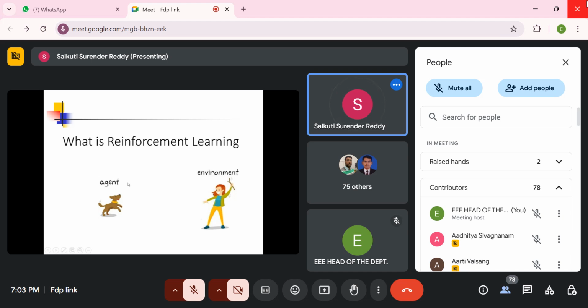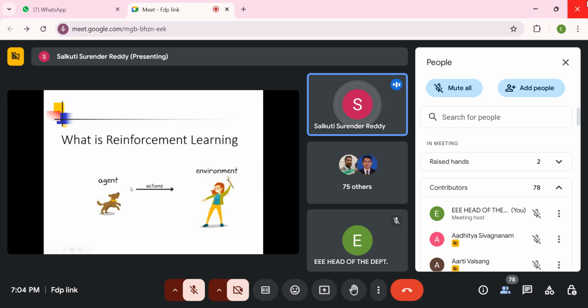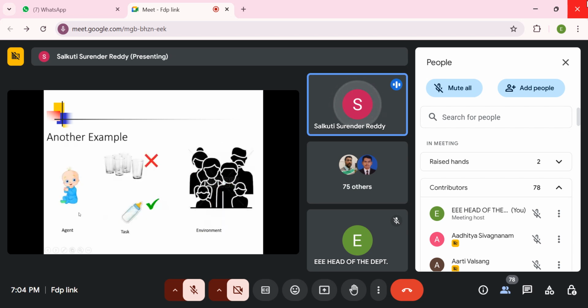This is what we call the agent, and this is the environment. Once the agent approaches the environment, that is the action. Then the environment has to react, and based on this reaction we give rewards or feedback to improve the action.